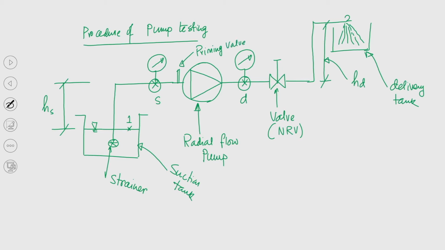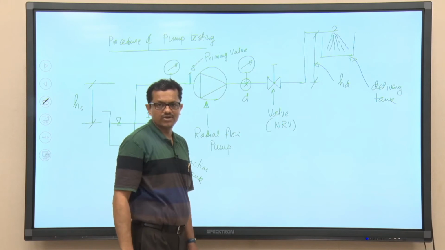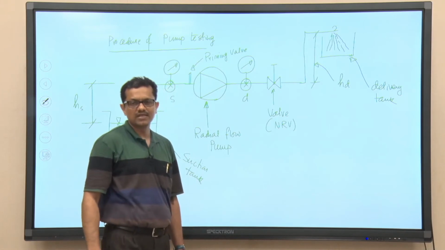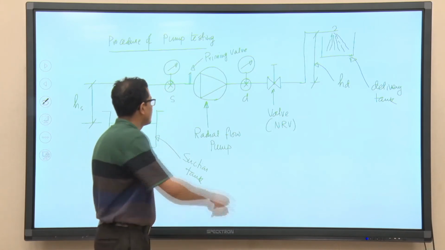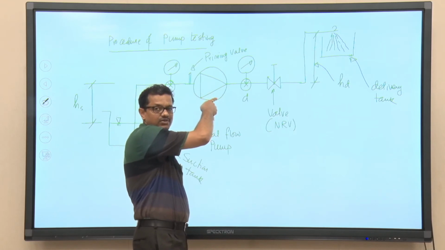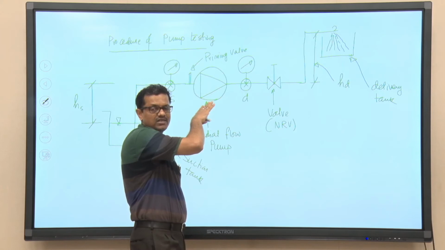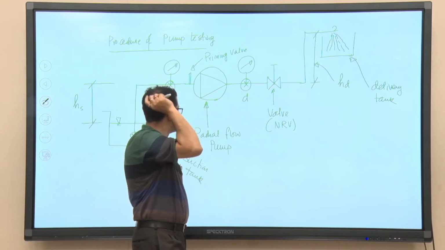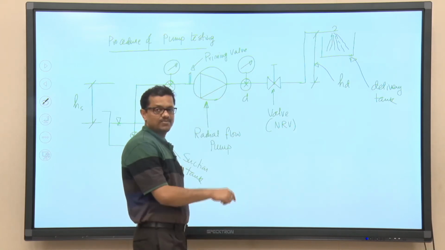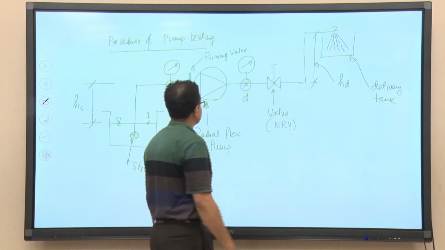Okay. So, basically you can see the pump is drawing water from the suction tank, and this pump is driven during the testing operation. You have studied, I guess, during your undergraduate days, radial flow pump testing. So, the pump should be run either by using an electric motor or diesel engine, but our objective should be to calculate the input power to the pump, and also the RPM at which the pump is driven.